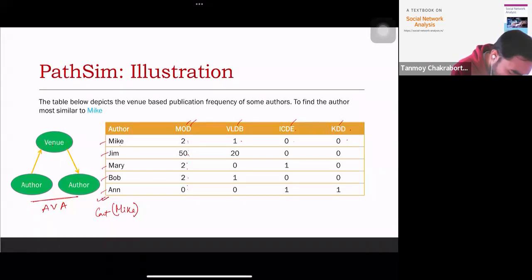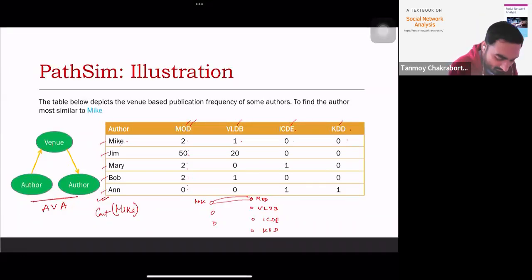Now let's look at only Mike. Say this is Mike, Jim, and this is Sigmod, VLDB, ICDE, and KDD. Let's look at only Mike. Mike has published 2 papers in Sigmod, kind of 2 parallel edges.